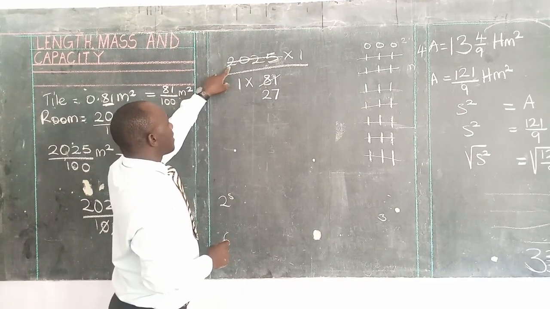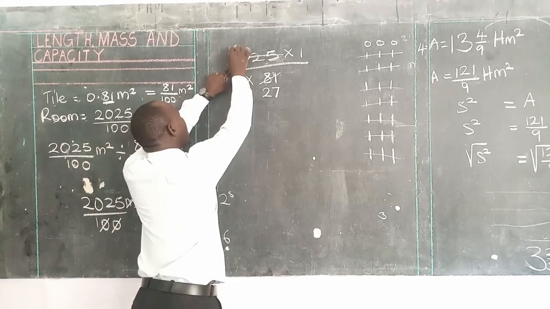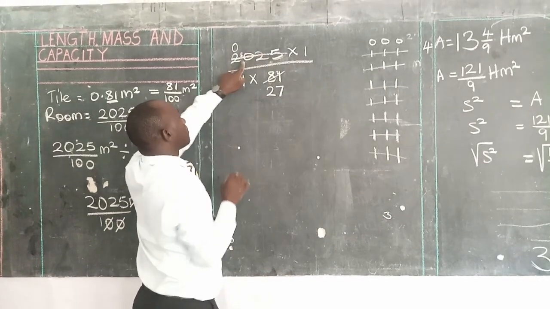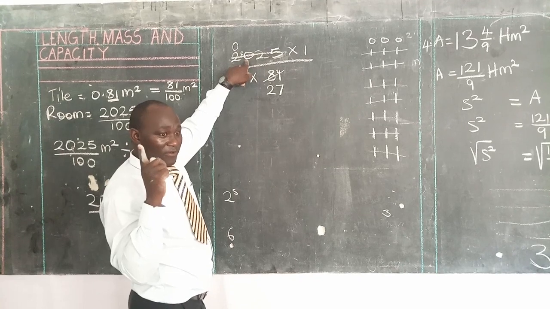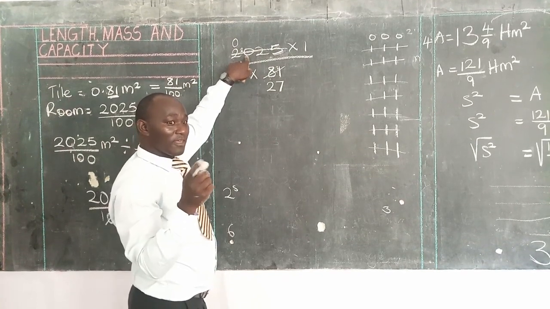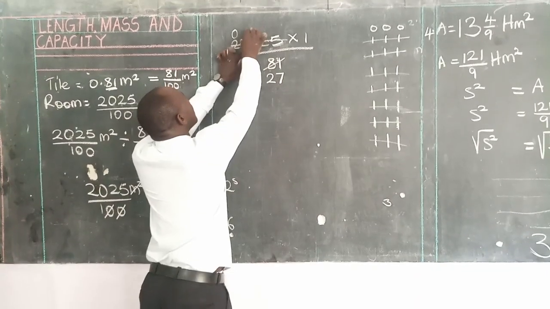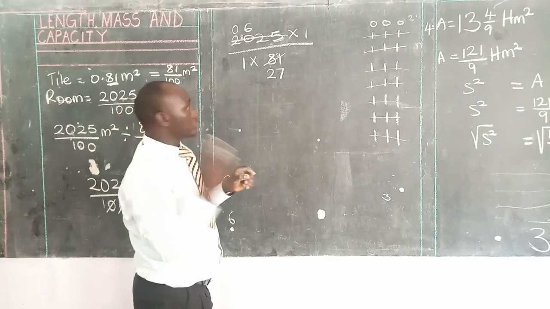What is 2 divided by 3? Of course, 2 is less than 3. What will I do? I have to write 0, and since my remainder is 2, I'll put that to make now 20. 20 divided by 3? That will give me 6. 6 of 18. My remainder is 2.